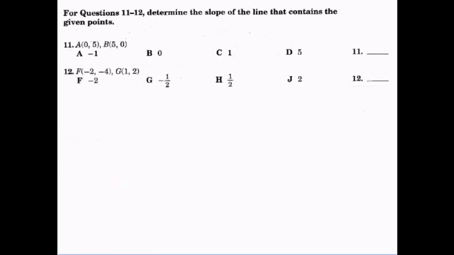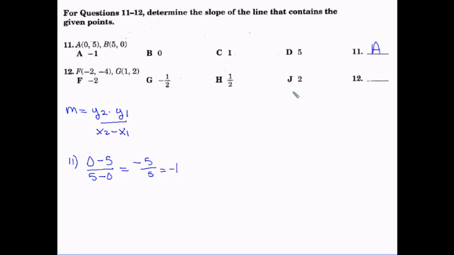Okay, 11 and 12, we're doing slope. Again, if you want to draw this on graph paper, you can, but I'm just going to do them algebraically. So for number 11, I have 0 minus 5 over 5 minus 0, which gives me negative 5 over 5, which gives me negative 1.